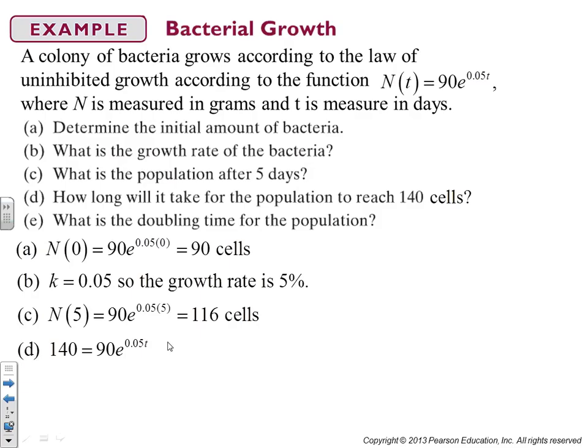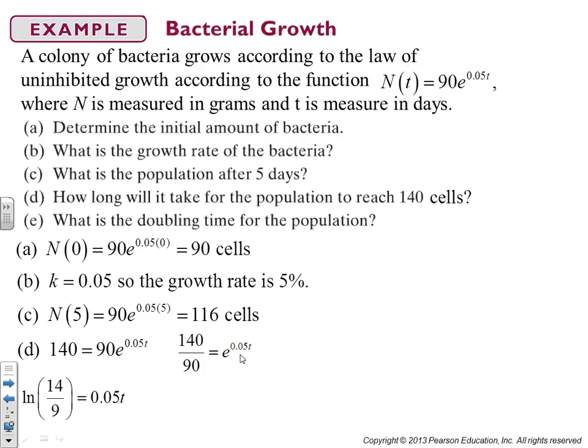So D, how long will it take for the population to reach 140 cells? We set it equal to 140. Then we divide by 90. And then we take the natural log of both sides, because the opposite of base e is the natural log. 140 divided by 90 reduces to 14 over 9.